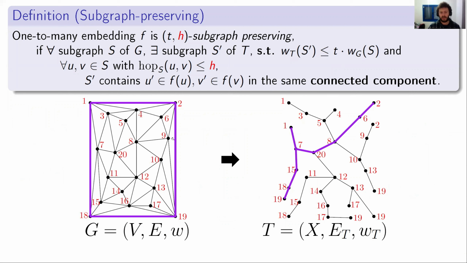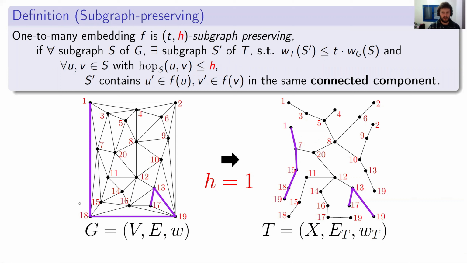So for example, here we have this purple subgraph, and we set h to be 1. In the subgraph S prime, we need that every pair of vertices at distance at most 1 hop will have copies in the same connected component.